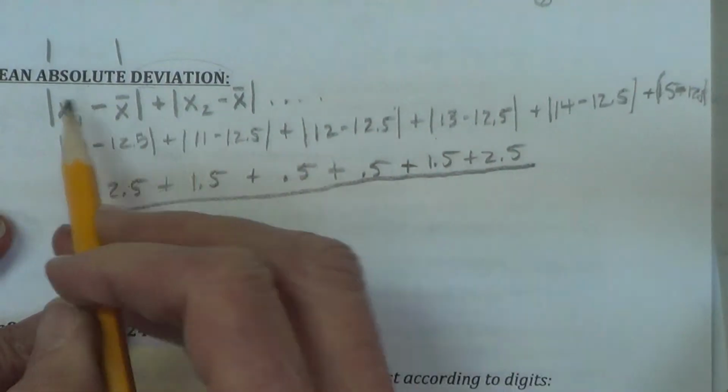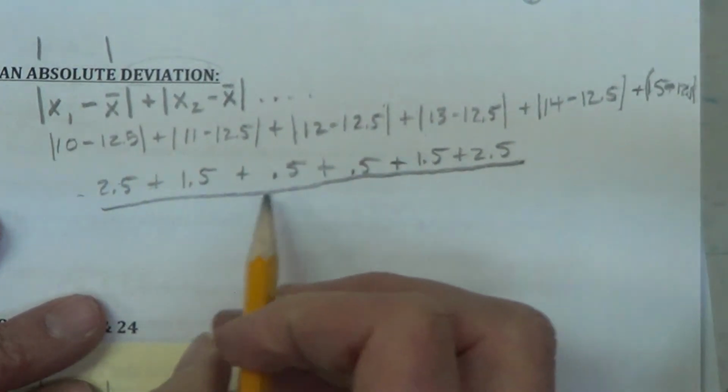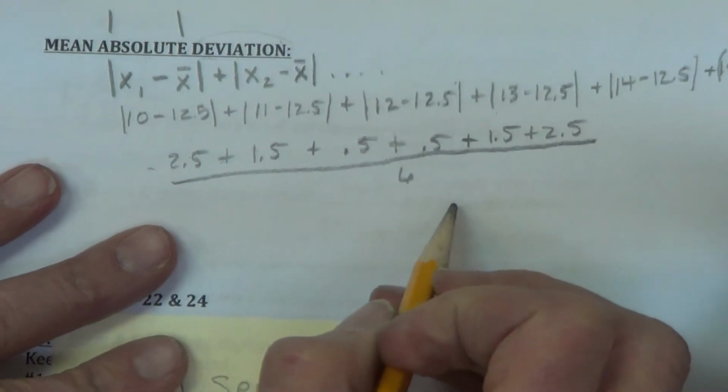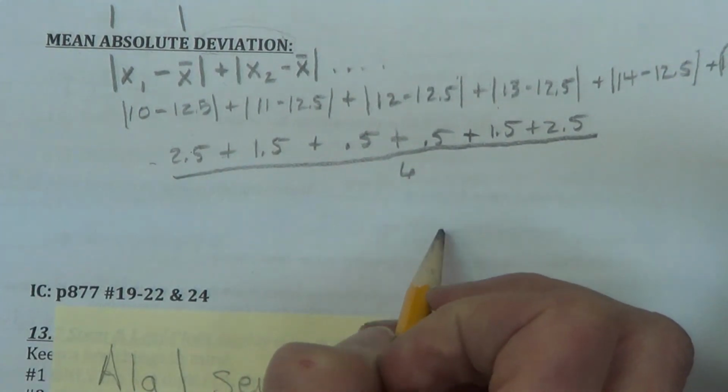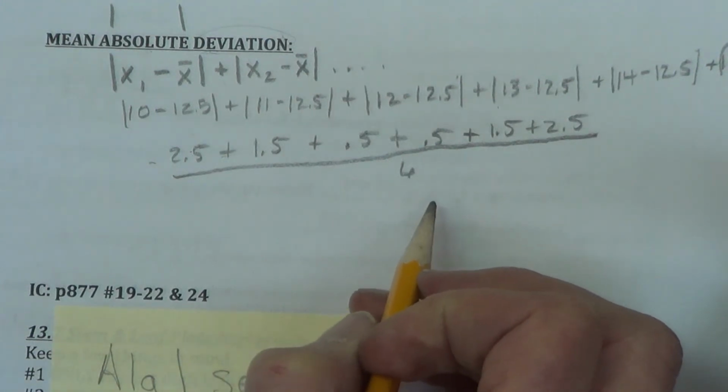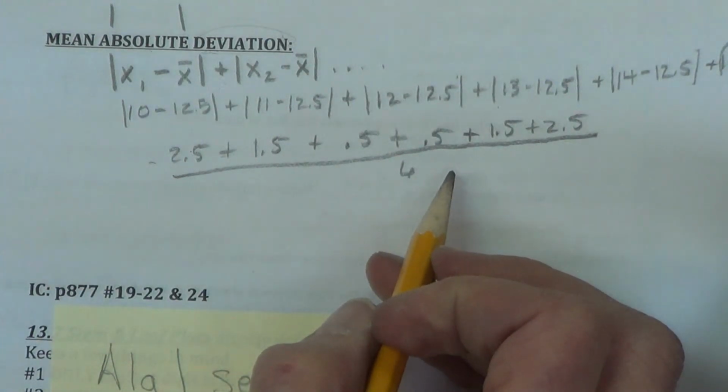Now, because we're finding the mean absolute deviation, we're going to divide by 6 again. So we add those up: 2.5 plus 1.5 plus 0.5.